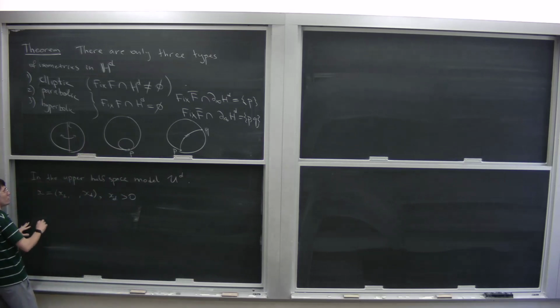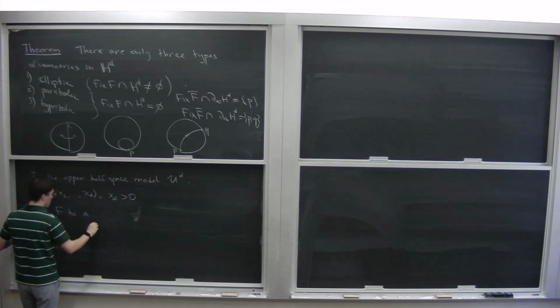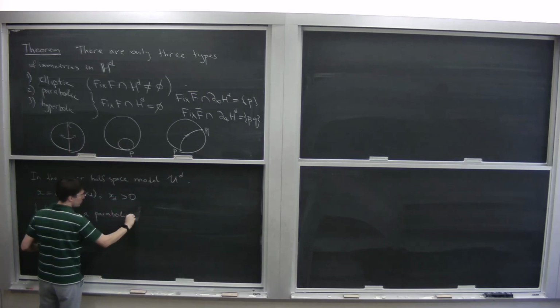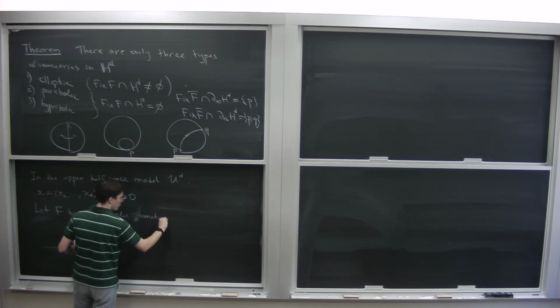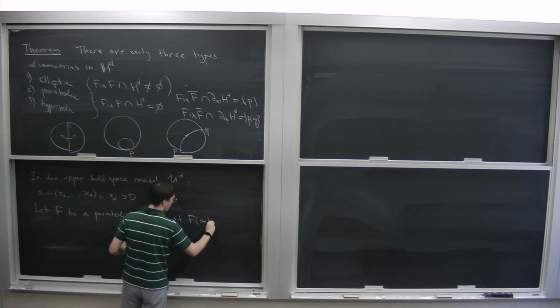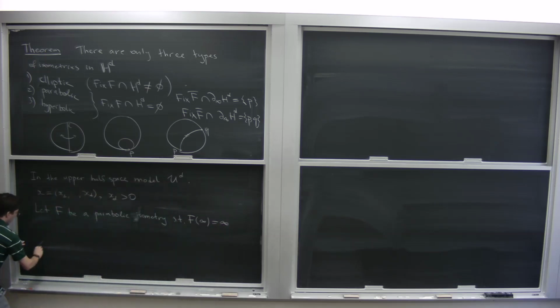So then parabolic isometries. Let's assume that F is a parabolic isometry such that it fixes the infinity.